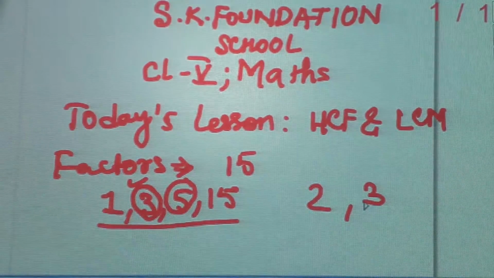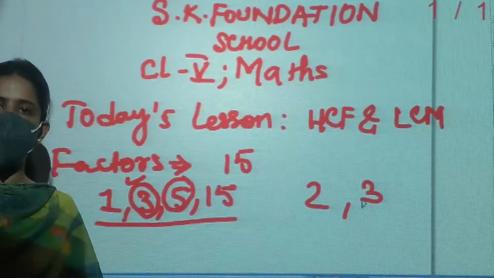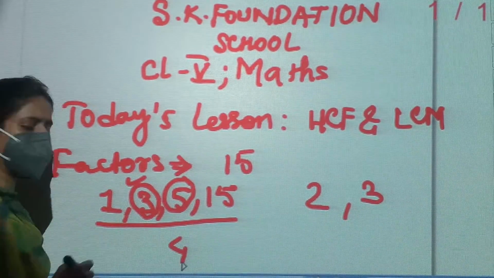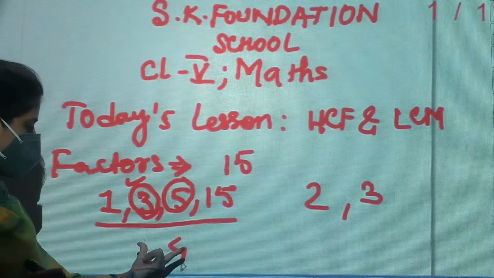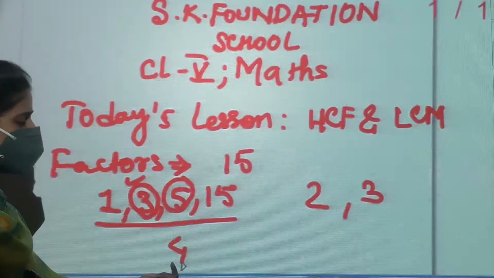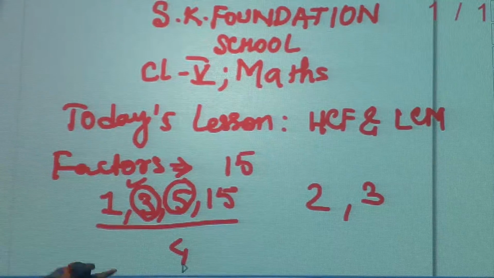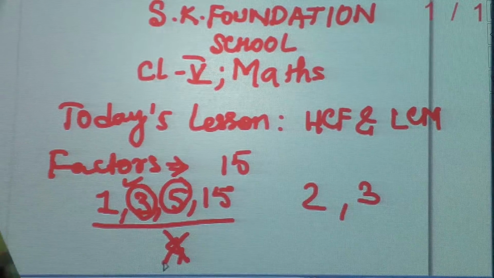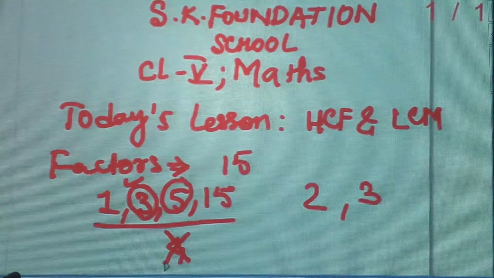Next 5. 5 is divisible by 1 and itself. Say 4. 4 is divisible by 1 and 4 itself, but it is also divisible by 2. So it is not a prime number. Those numbers which are divisible by 1 and itself are called prime numbers.